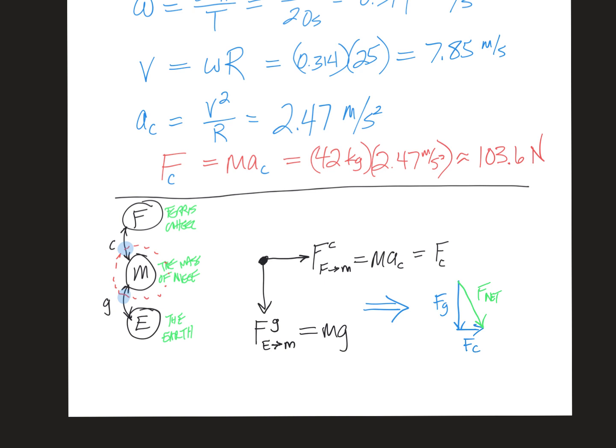And the angle we're going to be concerned with is this angle right here, okay? So this is a right triangle, which means I get to do Pythagoras' theorem. The net force, F net, is the hypotenuse: F net squared would equal FG squared plus FC squared.